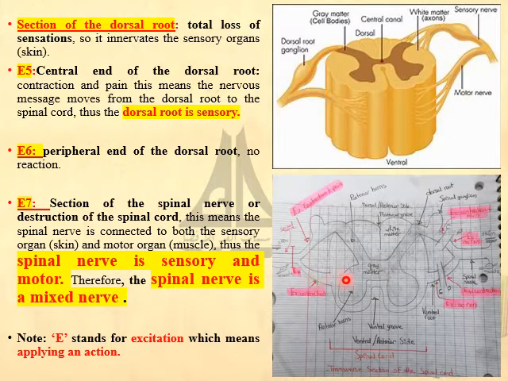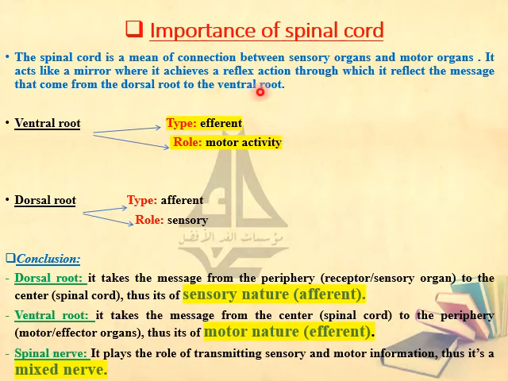So we can conclude the role of the spinal cord. We can see that it is a means of connection. It is connecting the sensory information with the motor information. So the spinal cord is a means of connection between the sensory organs and the motor organs. It acts like a mirror. What do I mean by mirror?